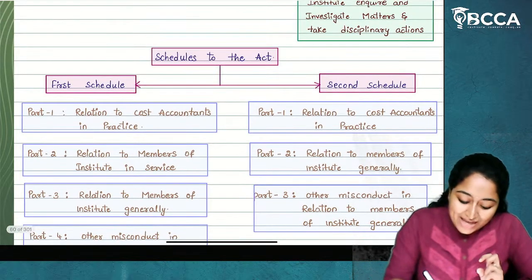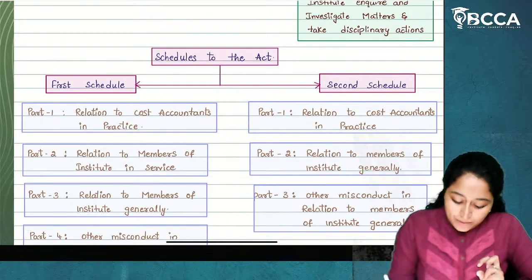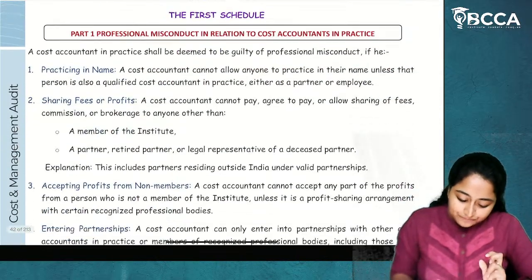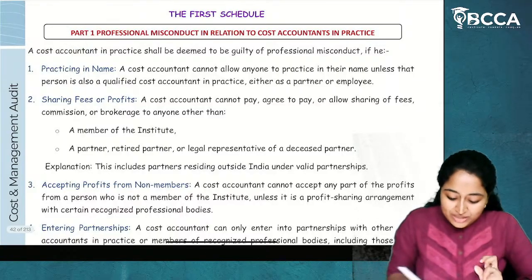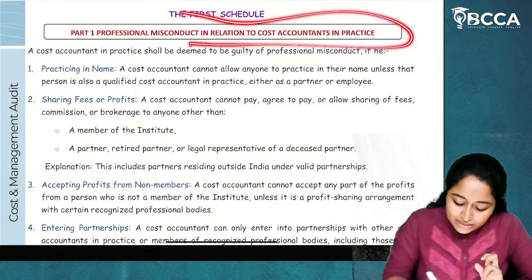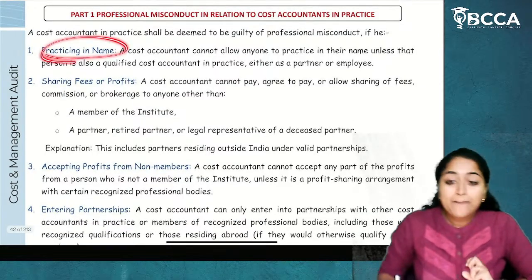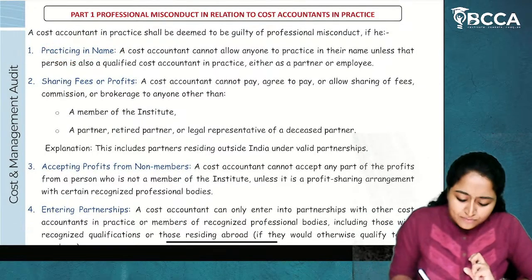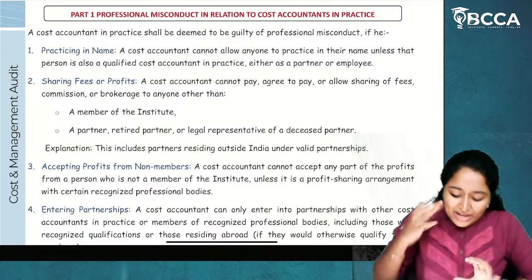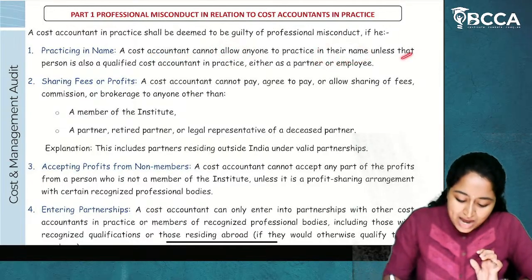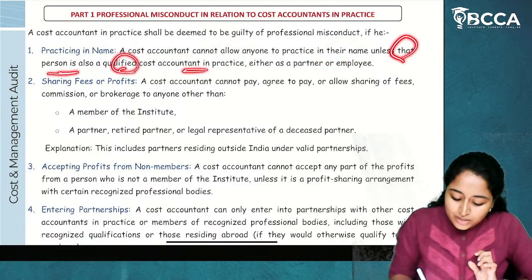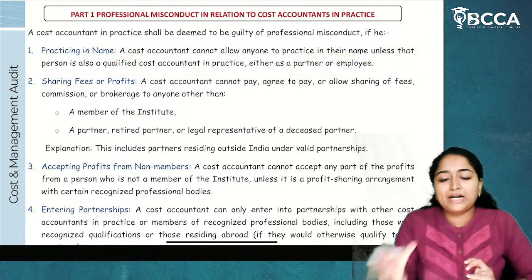Now, what are the acts given in these particular schedules? Part 1 gives us professional misconduct in relation to cost accountants in practice. Now, what are the activities? First, practicing in name. A cost accountant cannot allow anyone to practice in their name unless that person is also a qualified cost accountant in practice, either as a partner or employee.